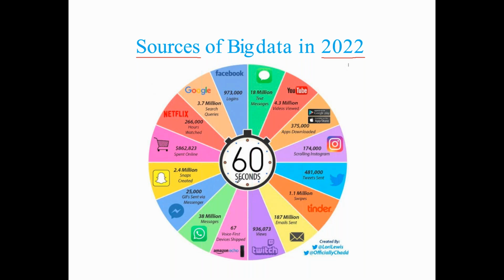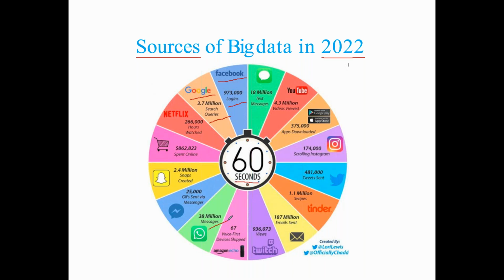We know that 1 minute is nothing but 60 seconds. Within a span of 60 seconds, there are a lot of things happening all over the world. If you take Facebook, Facebook claims that 973,000 logins are happening, Google claims that 3.7 billion queries are being searched, and WhatsApp claims that 38 million messages are being transferred.